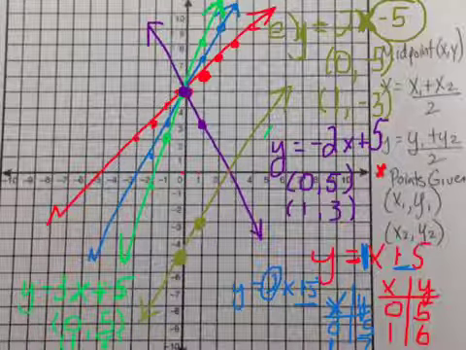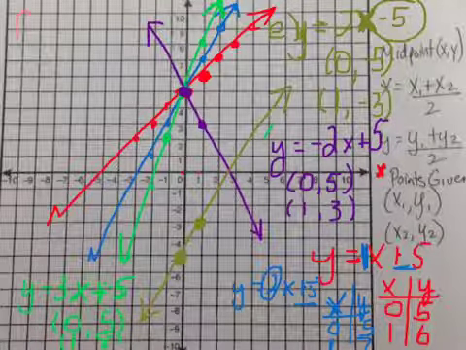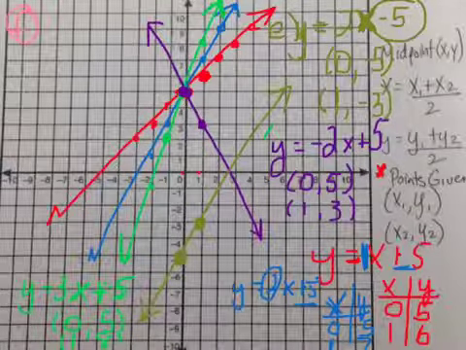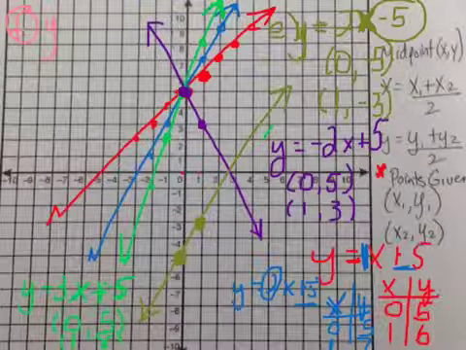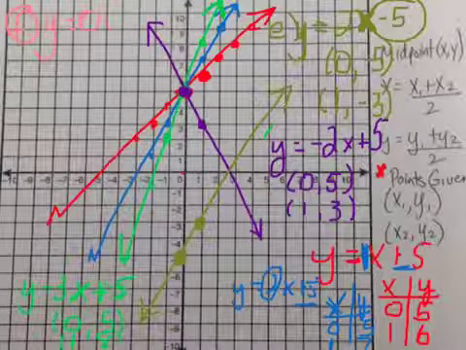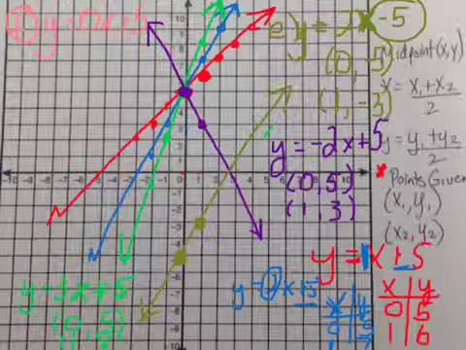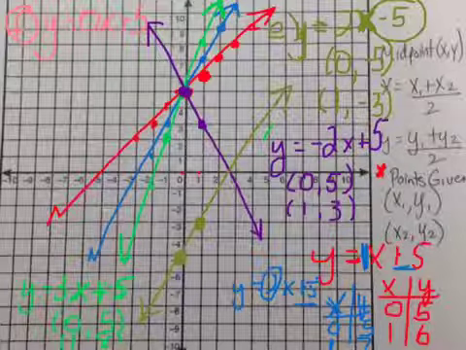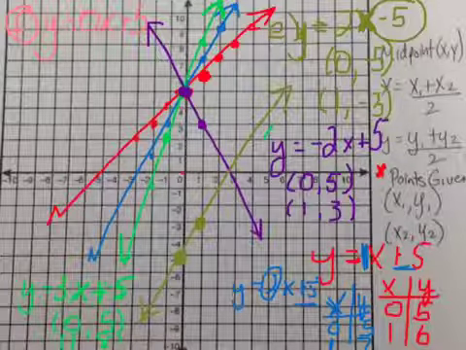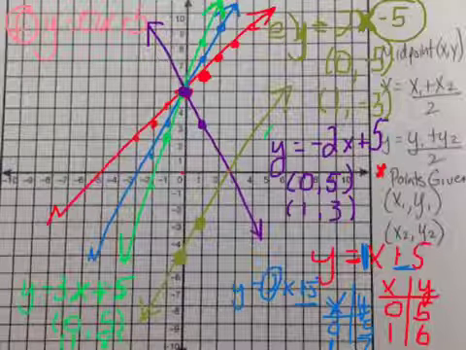And I'll do that one in pink. And so F is the last one. y equals 0x plus 5. Hey, we got a 0 in front of the x now. What's that going to do? Let's just see what happens.